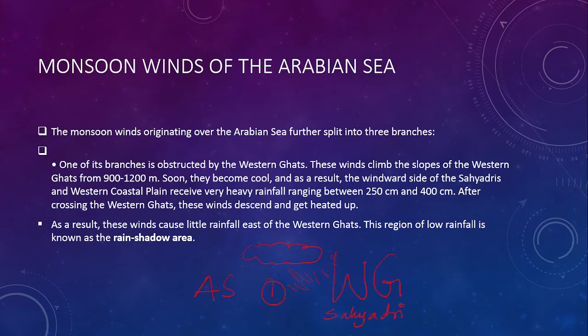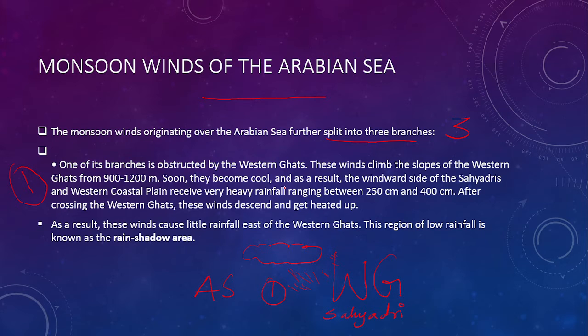Monsoon winds of the Arabian Sea. The monsoon winds originating over the Arabian Sea further split into three branches. The first branch is obstructed by the Western Ghats. These winds climb the slopes of the Western Ghats from 900 to 1200 meters.